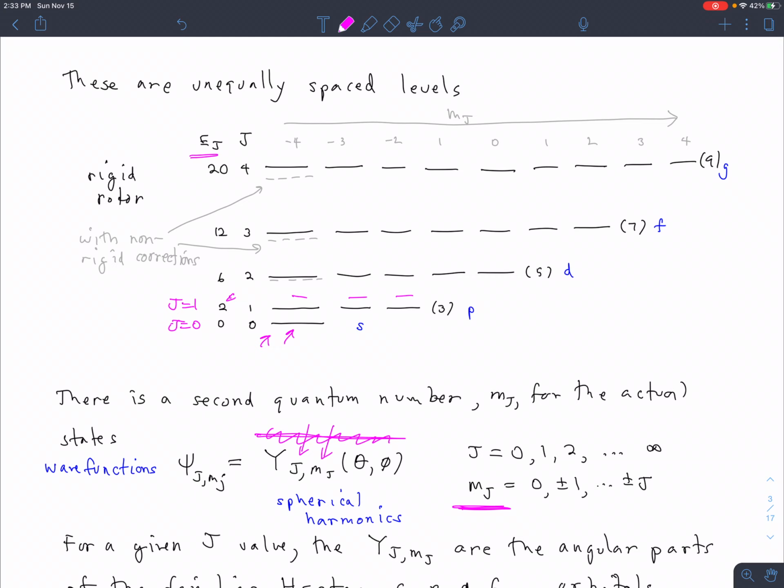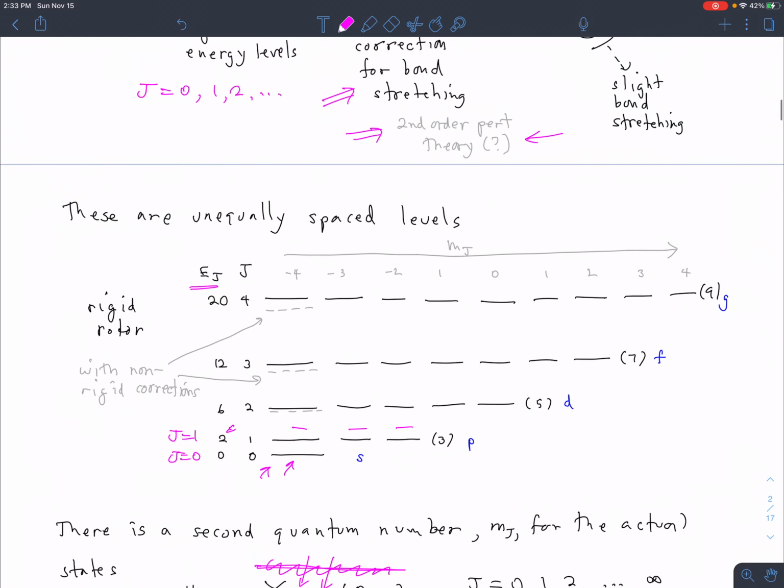And so these quantum numbers should be familiar from what we know about hydrogen atoms. The J equals 0 ones are the s orbitals, J equals 1 eigenfunctions are the p orbitals, J equals 2 is d, J equals 3 is f, and so on. So we're looking in some sense at the hydrogen atom orbitals also.